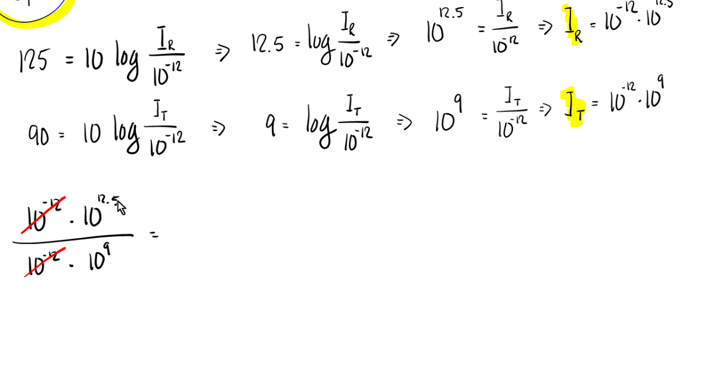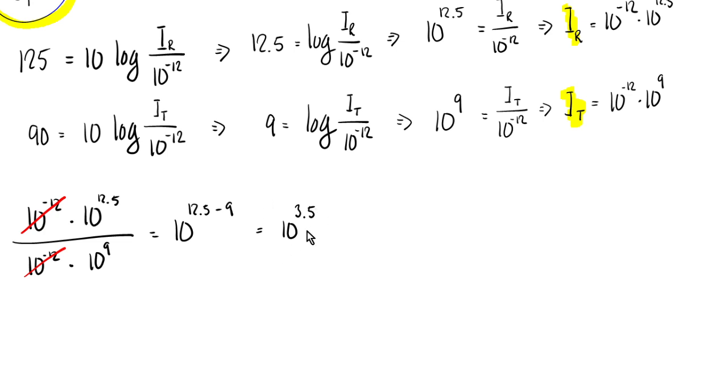Then we can apply the quotient law, the exponent law, to simplify this. We have two powers with the same base, which means that we are going to subtract the exponents because it's a quotient. So we're going to get 10 to the power of 12.5 minus 9, which is 10 to the power of 3.5.